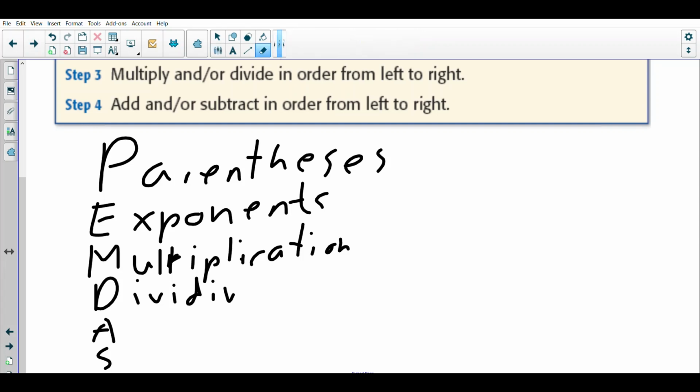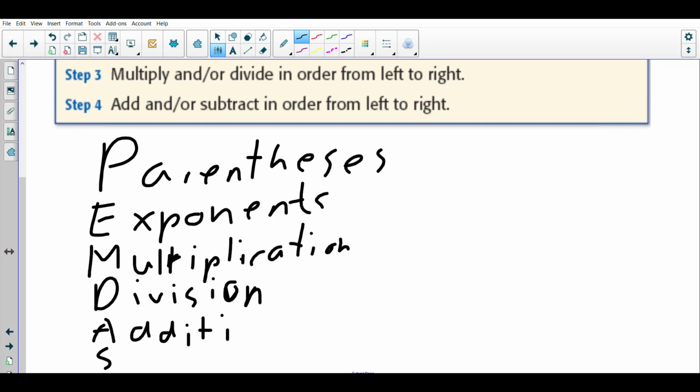I suppose I was going to put divide and division in one. A is addition, and S is subtraction.